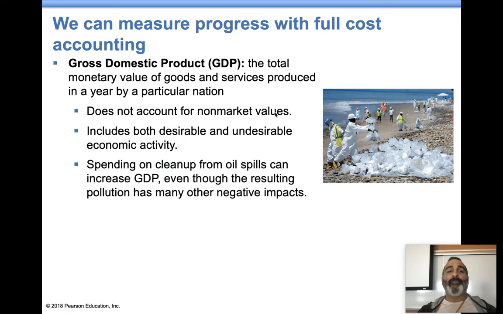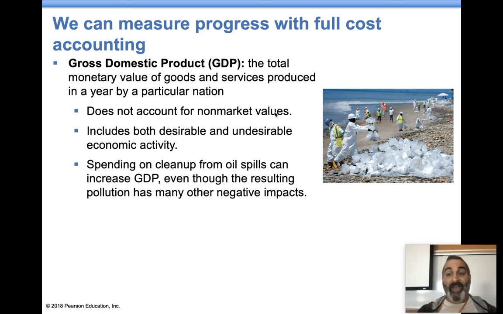GDP, you hear this term commonly. This is the total monetary value of goods and services. Generally, it's given as a per capita figure, which means per person. In the United States, the total is in the trillions, but per person, for 2020 it was about $65,000.